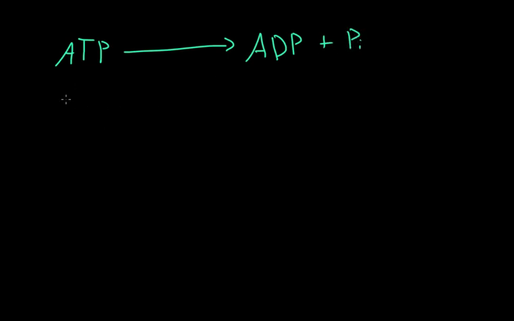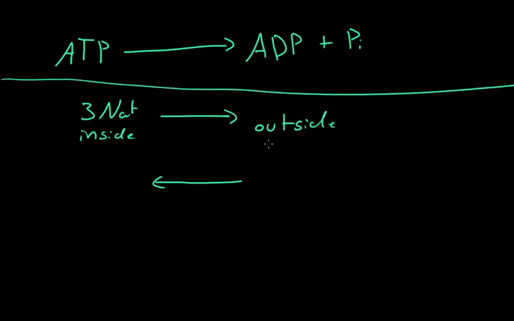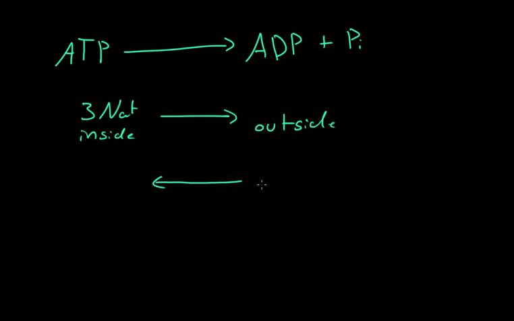We also have three sodium ions transferred from inside to the outside of the cell, and two potassium ions transferred from the outside to the inside.